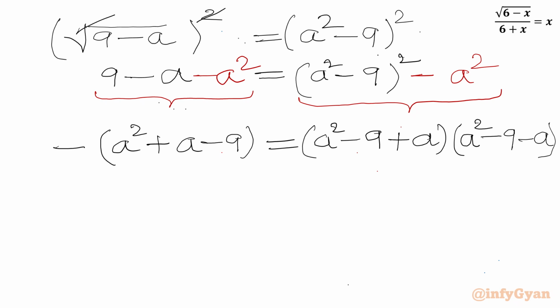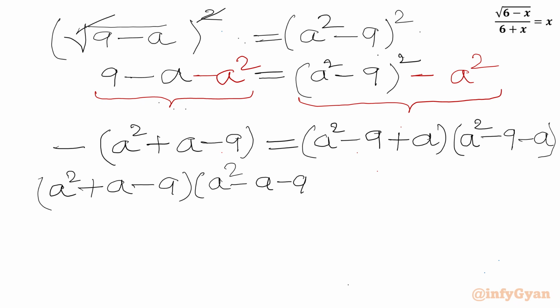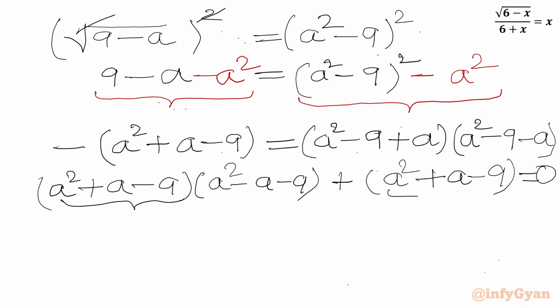Now I will take all the terms to RHS. So let me write RHS first. A square plus a minus 9 times a square minus a minus 9 plus a square plus a minus 9 equal to 0. Now a square plus a minus 9 is overall common.